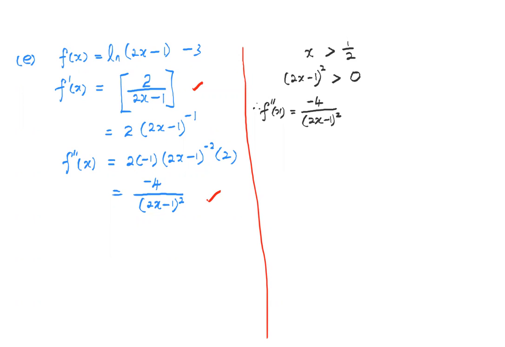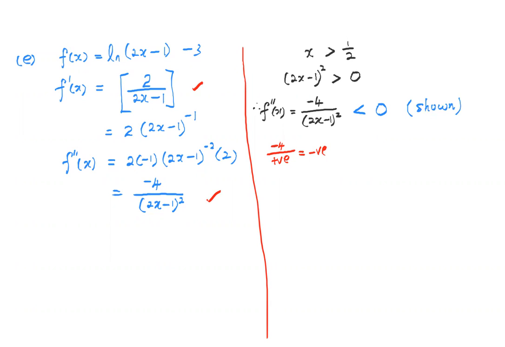So in my mind, I should imagine negative 4 divided by a positive number. What will I get? Negative. So can I conclude that this is always less than 0? So in this case, shown.